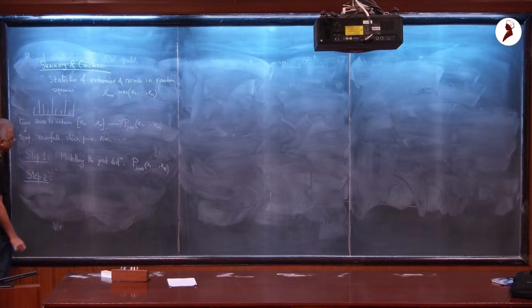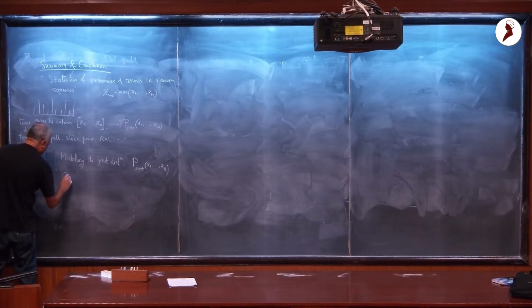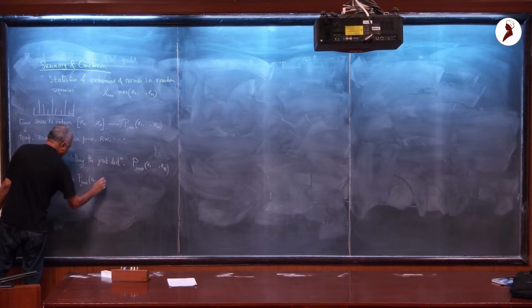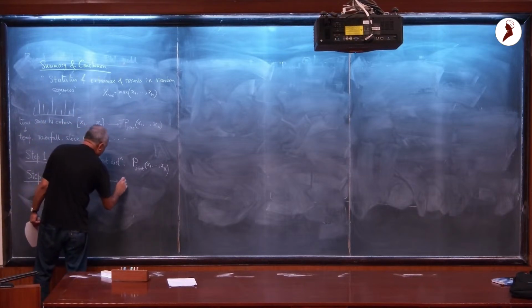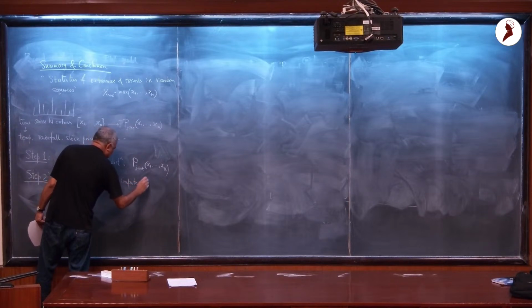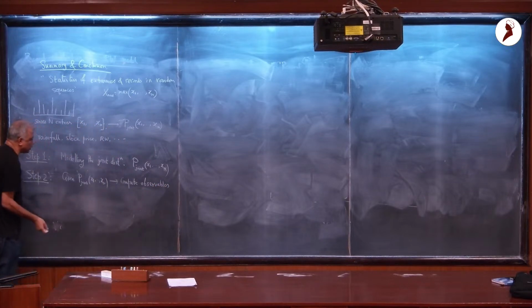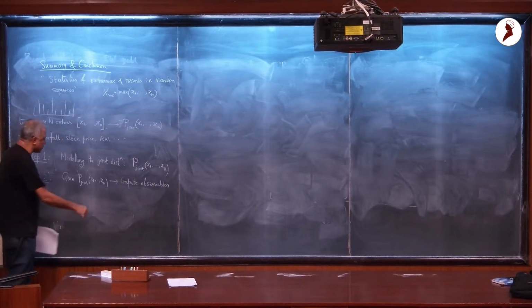And step two, which is equally non-trivial, is, given this joint distribution, you compute observables. This is also a non-trivial thing that I tried to show in these lectures.